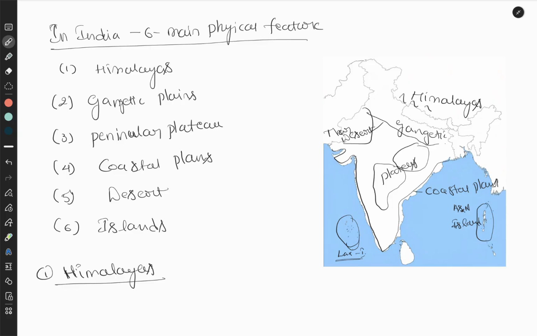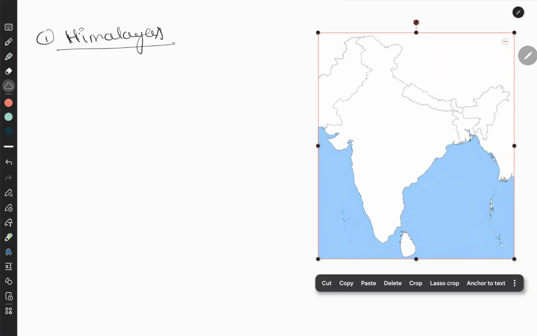Okay, the first one is the Himalayas. The Himalayas are situated in the northern part of India. Here we have the Ganga-Indus plains.